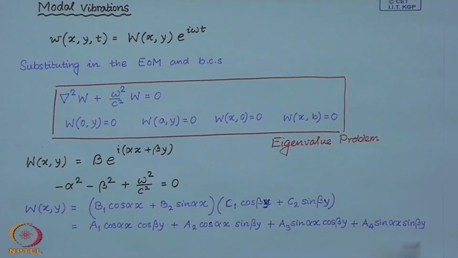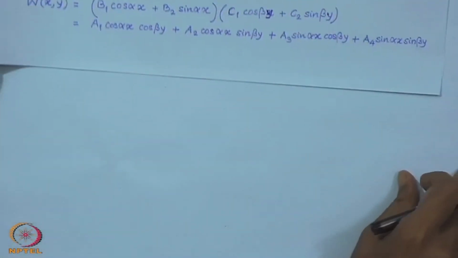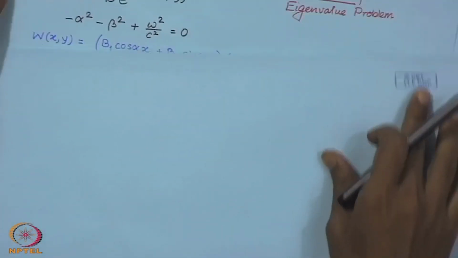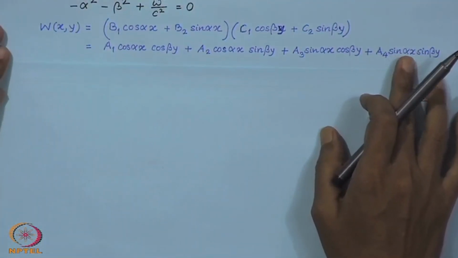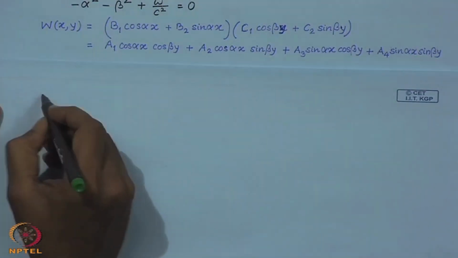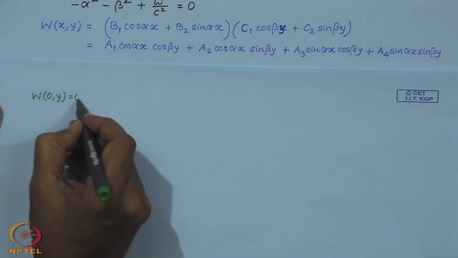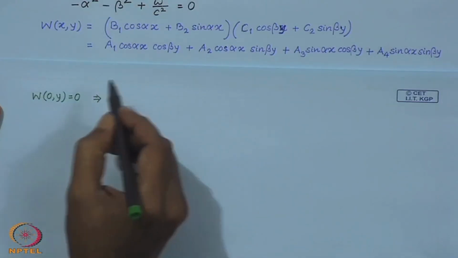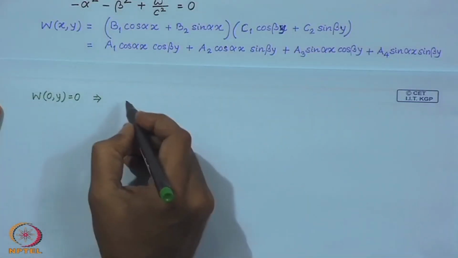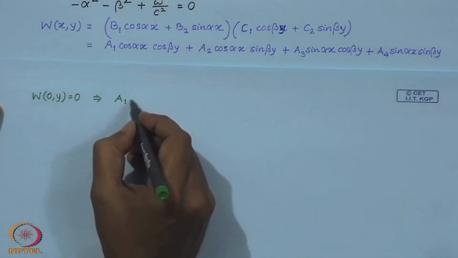Now, this general solution must also satisfy the boundary conditions, which are going to give us further conditions. So, let me substitute this solution in the boundary conditions. So, you can see that this boundary condition would imply, x is put as 0.